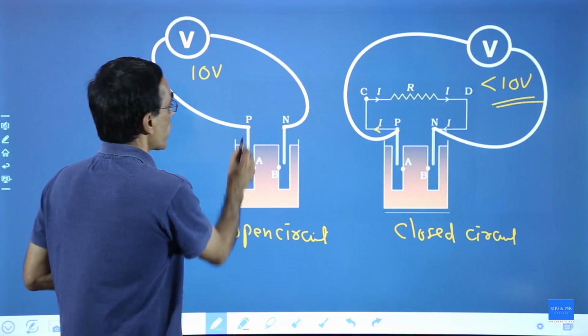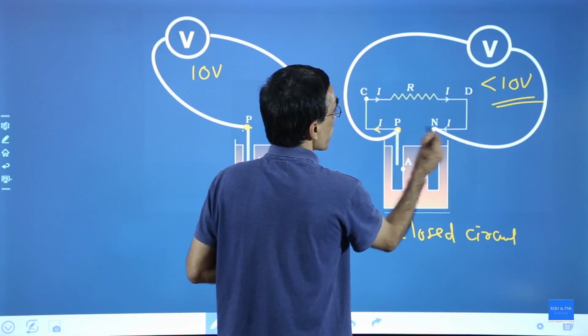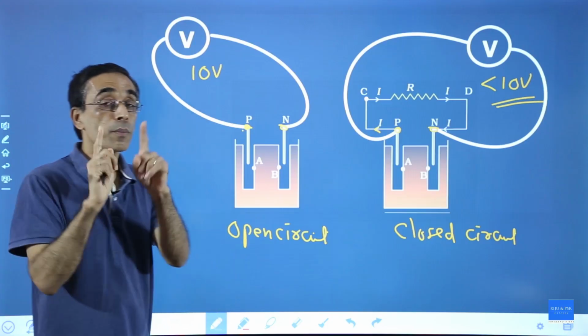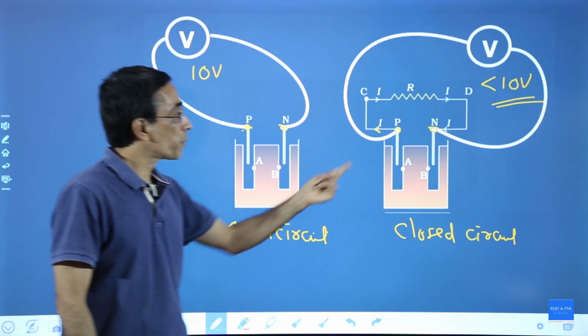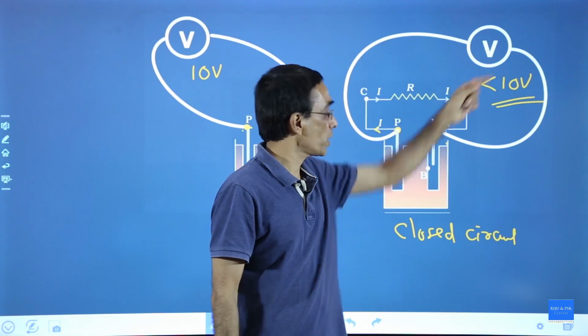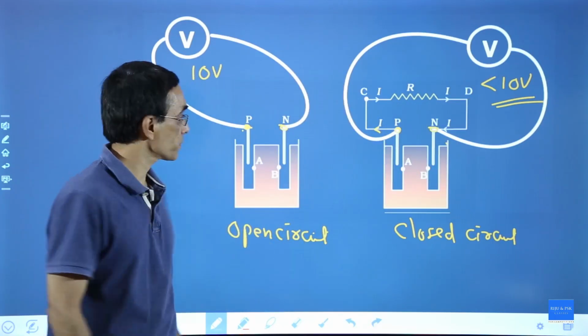In both cases you are talking about the potential difference between the terminals: potential difference between the terminals of a cell in open circuit, and potential difference between the terminals of a cell in a closed circuit. Closed circuit means delivering current.